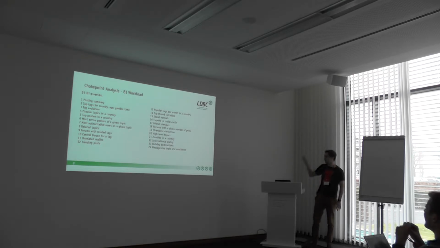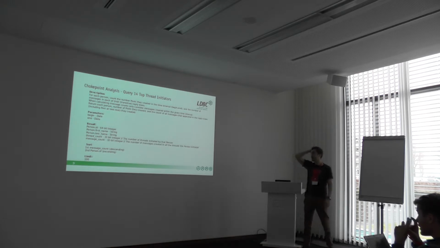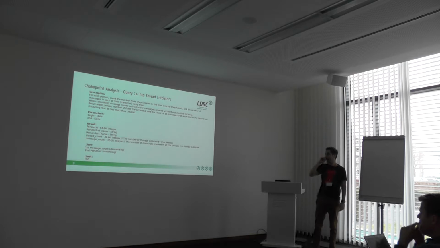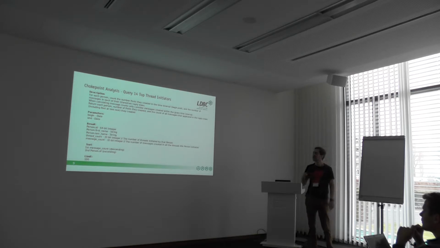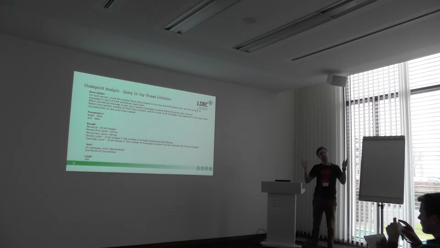So we take these queries. I show you an example, for instance, query 14, where we want to find the top thread initiators. I choose this query because it has a graphic component. It asks, for each person, for the posts created within a given interval that have a number of messages in their reply trees.